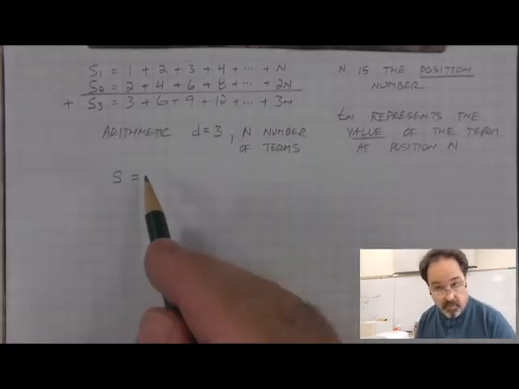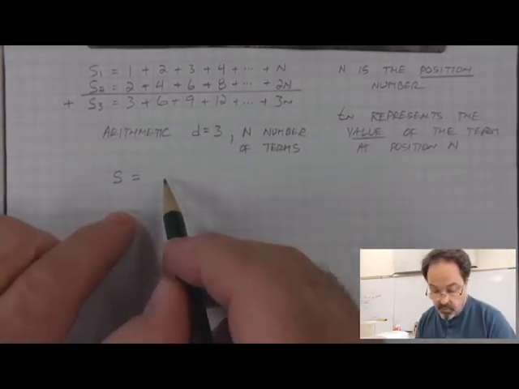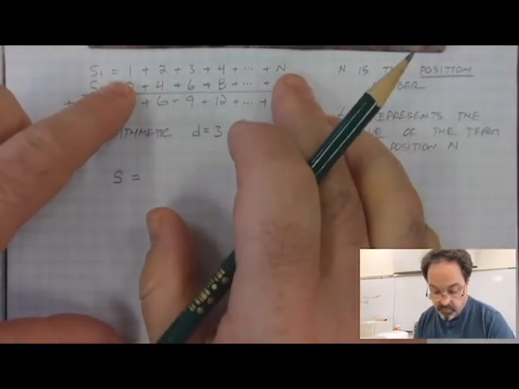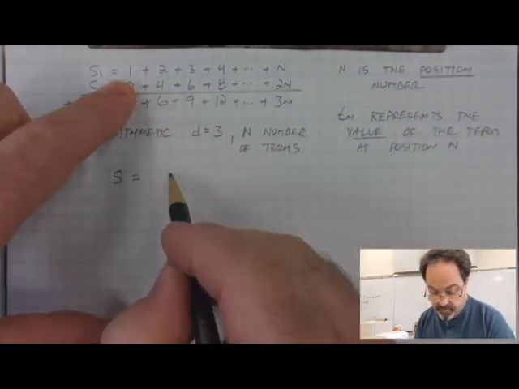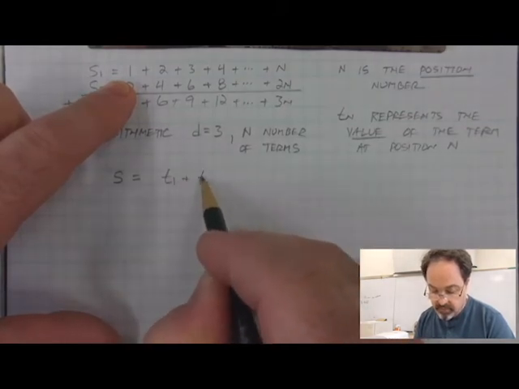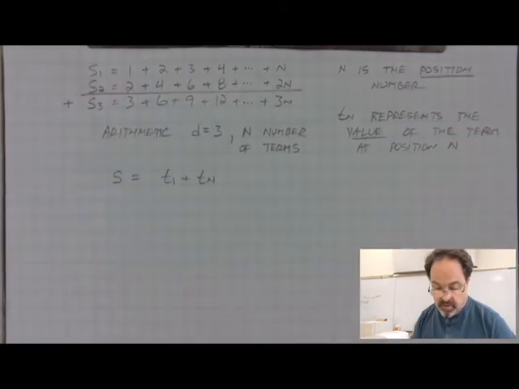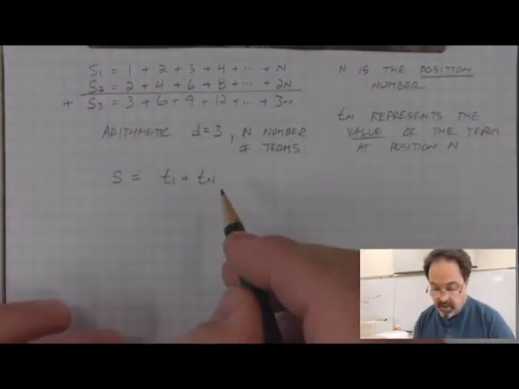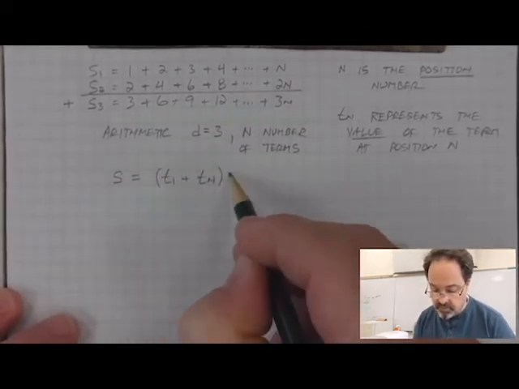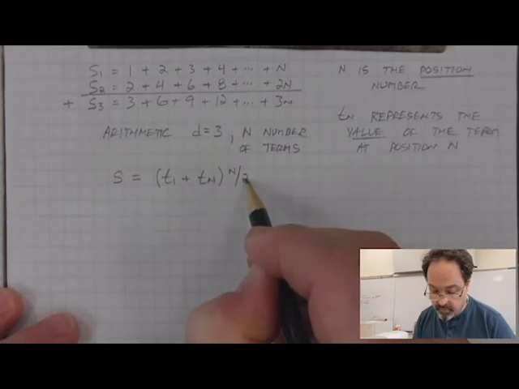That means that formulaically, we could produce the sum of two terms simply by adding the first term, t sub 1, and the last term, t sub n, to get the sum of any two terms, and then multiply by half the number of terms that are in the series, or n divided by 2.